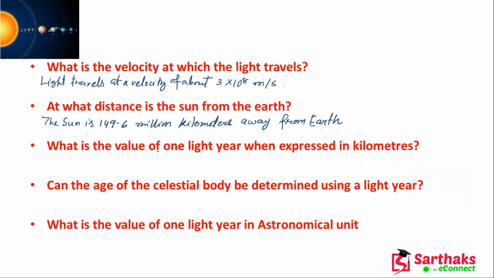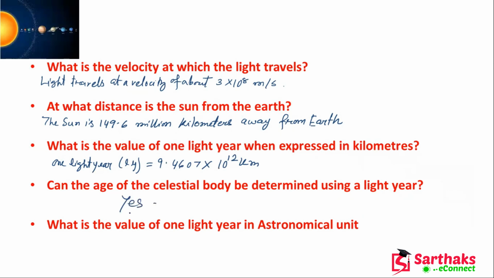What is the value of 1 light year when expressed in kilometers? 1 light year, that is Ly, equals 9.4607 into 10 to the power 12 kilometers. Can the age of a celestial body be determined using the light year? Yes.